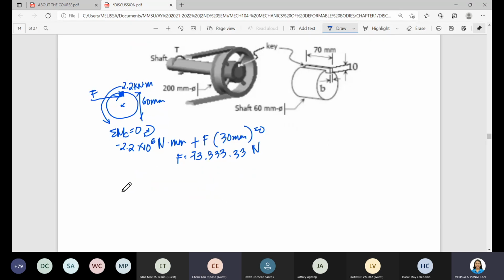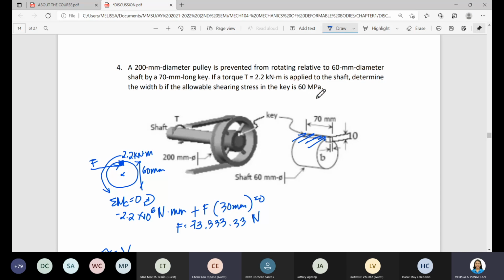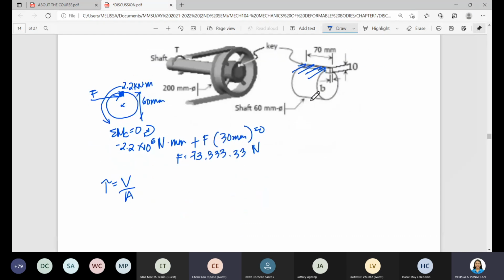Now, let's determine the value of B. Our F is here. This is where our force F acts. Our shearing stress is equal to V over A. The shearing stress is 60 megapascal, or 60 Newton per square millimeter.